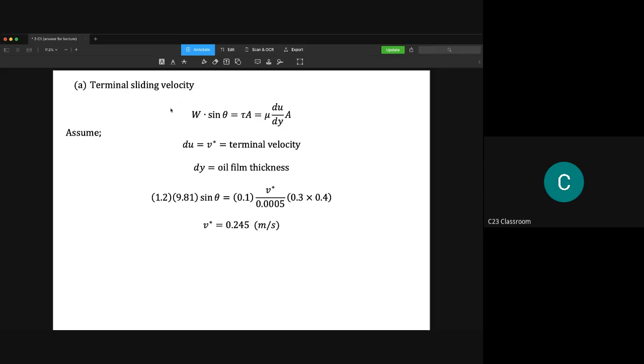We could say that the sliding velocity relationship is about the weight times sine theta, equal to tau times area, and the shear stress tau can be written as mu du/dy, times A. The weight sine theta is there because you could imagine we have a block sliding, moving in this direction, and then we need to calculate the normal weight.